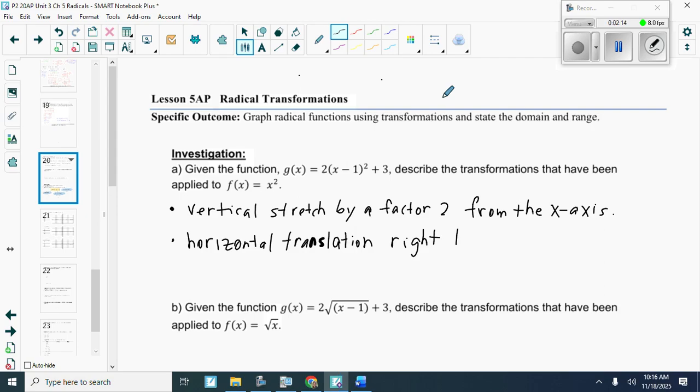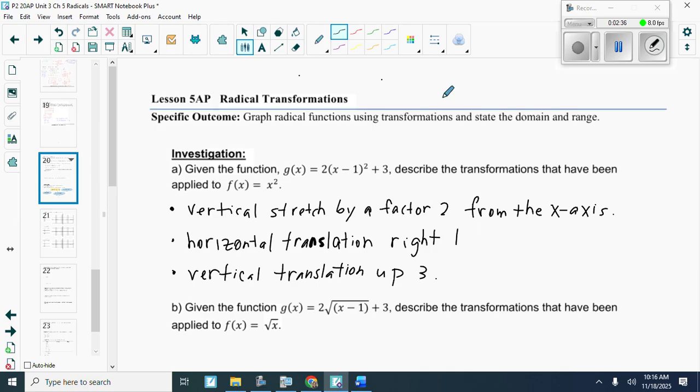If you want to say 1 unit, or you can just say right 1 or 1 to the right, you've got some flexibility. But you have to have horizontal translation. And then your vertical translation, where are we at? Up 3.